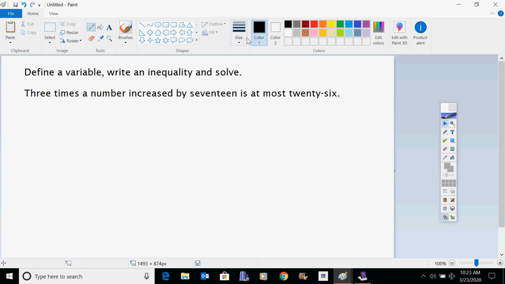Okay. All right, so we're going to take a look again back at more of a generic type of problem here. Define a variable, write an inequality, and solve. Anytime it says to define a variable, we need to pick one. Here's my n. I'm going to say n is the number.